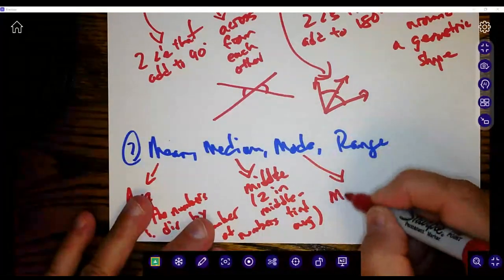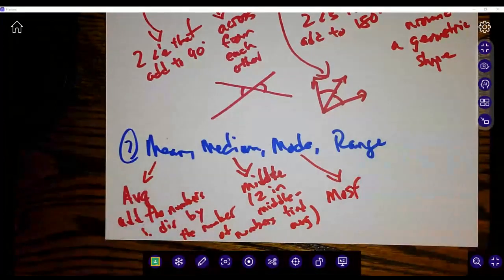Mode means most, whatever data value appears the most. If there's only one of each, then there is no mode. But there can be multiple modes. There could be 3 of a particular number, and that might occur 3 or 4 times. That's okay.